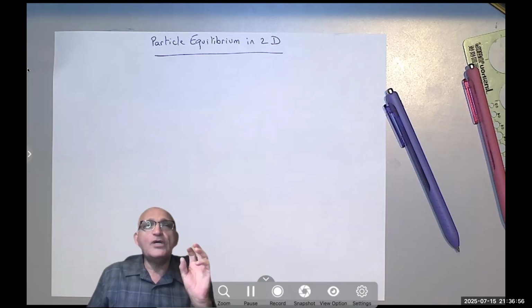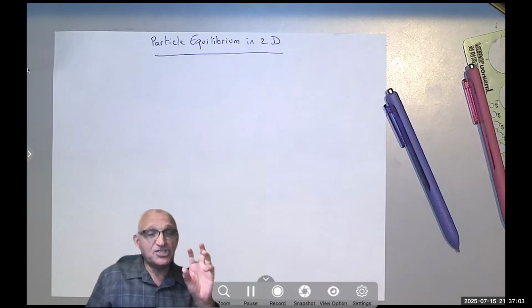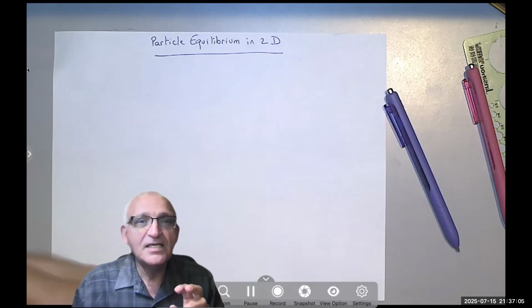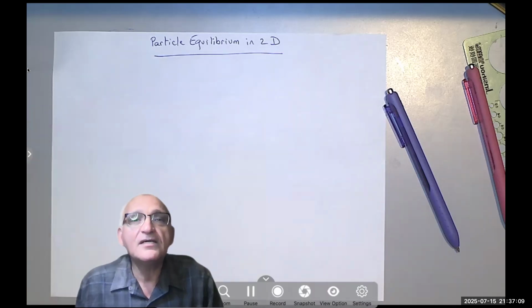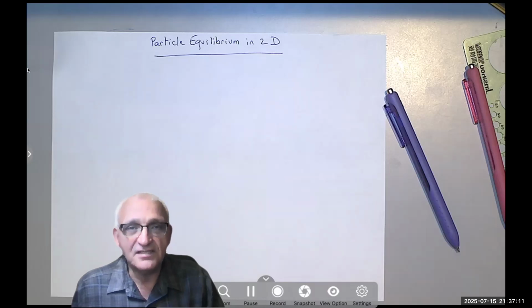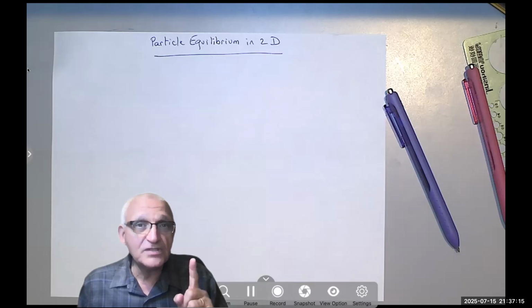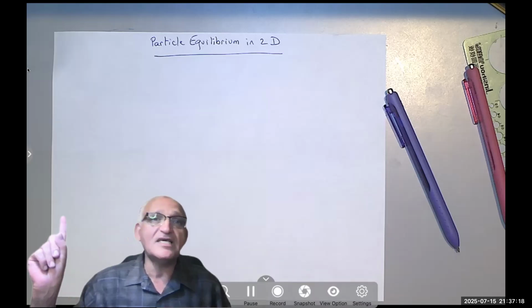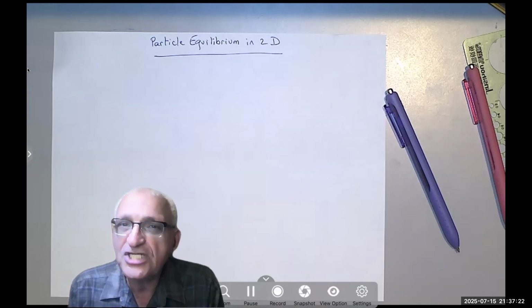Says a body in equilibrium. What's the meaning of equilibrium? Many people don't know the exact definition. Equilibrium meaning a body either at rest or moving with a constant velocity. Notice I didn't say constant speed, because if you are moving with the same speed, but say rotating or changing direction, then your velocity changes.